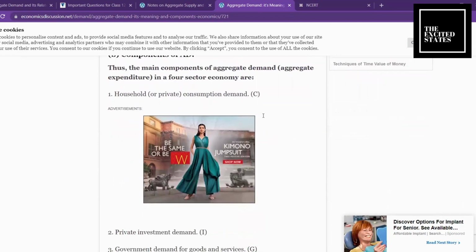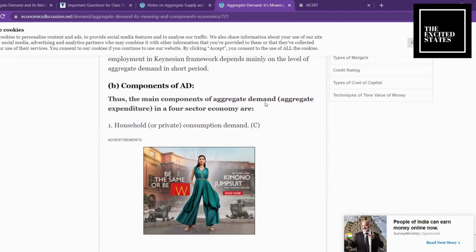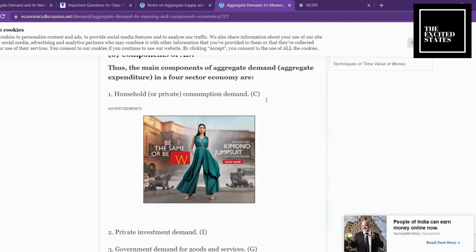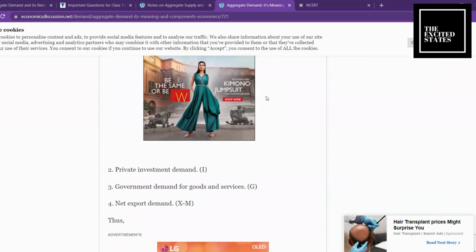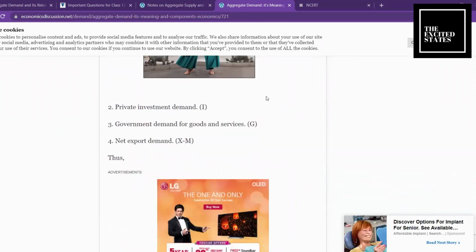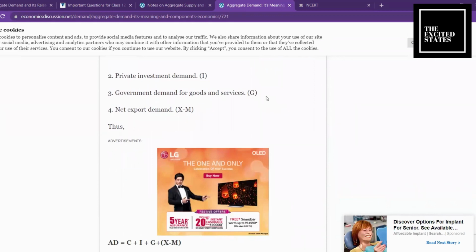Let's see the explanation of the components of aggregate demand. The first one is household or private consumption demand. The second is private investment demand. The third is government demand. And the fourth is net export demand.